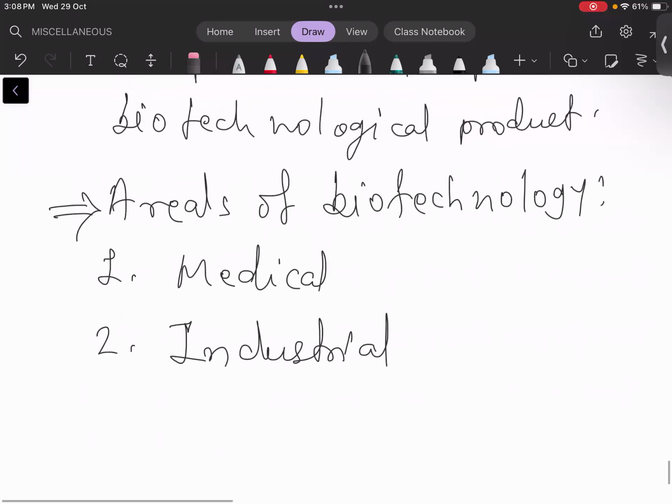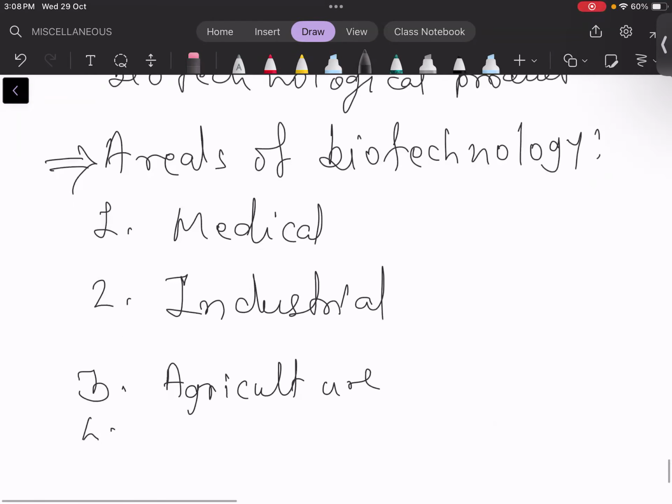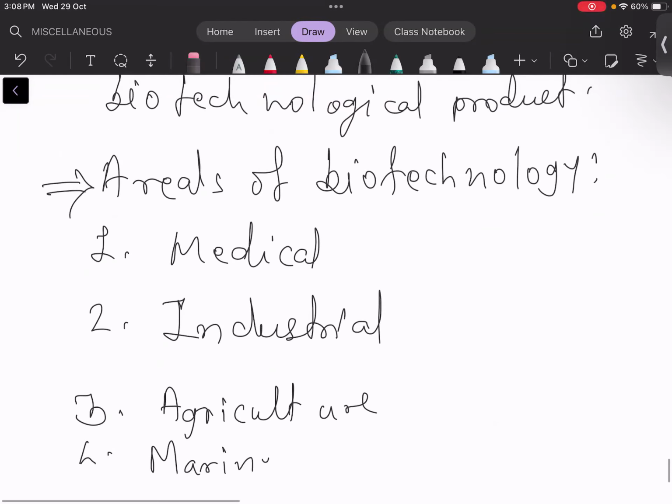Third, agriculture. And fourth, marine. These are the four areas, and this is what we studied in biotechnology.